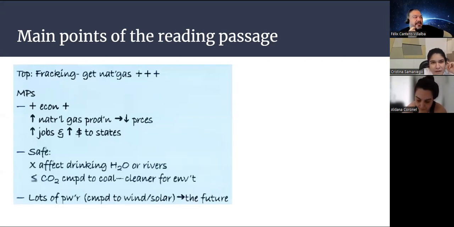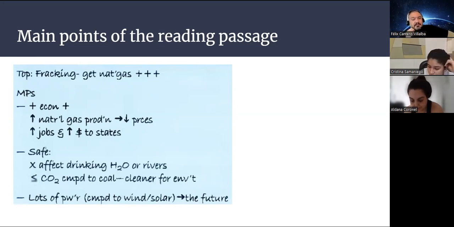What were the key points there? The fracking is controversial. Yeah, it has so many negative aspects. And she said the industry spent a lot of money to persuade people that fracking is safe, but it isn't.